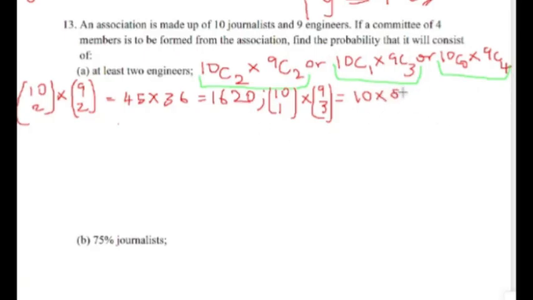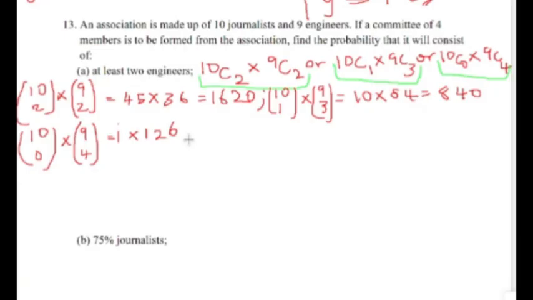So 10 times 84 will give us 840. And we have 10 combination 0 multiplying 9 combination 4. 10 combination 0 will give us 1, times 9 combination 4, which gives us 126.